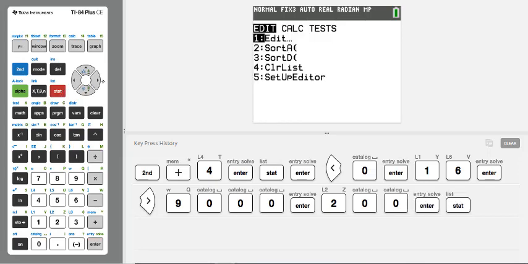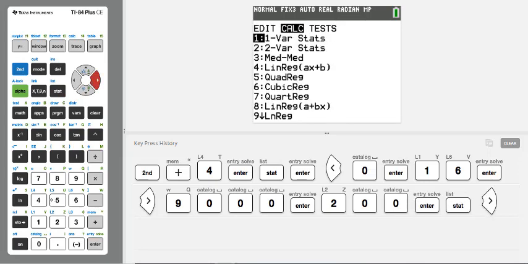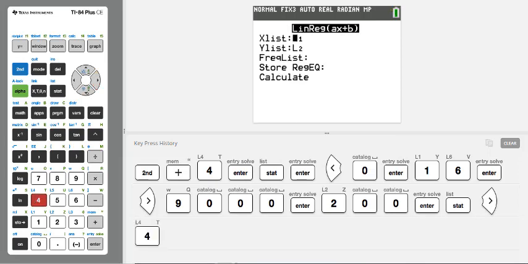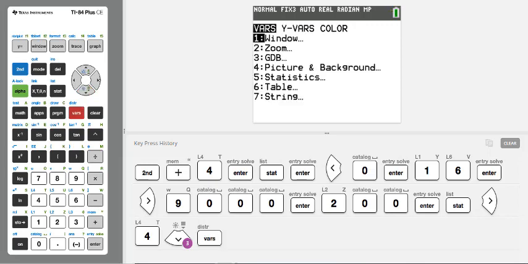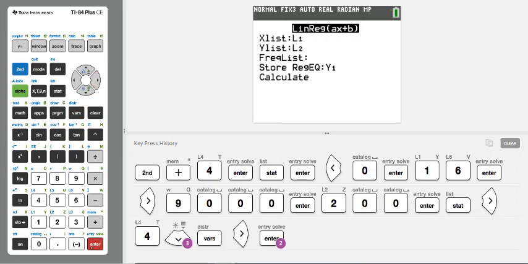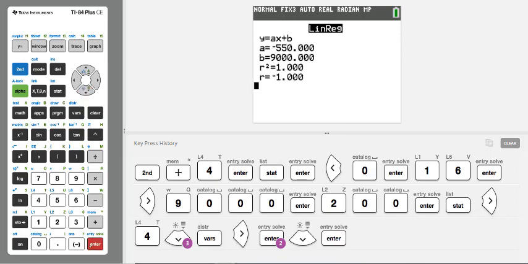Go stat, calc, number 4. We do want to store this because we're going to graph it. So I'll hit vars, arrow, enter, enter to put it in Y1, and then hit calculate. And it gave us exactly what we came up with by hand, right?